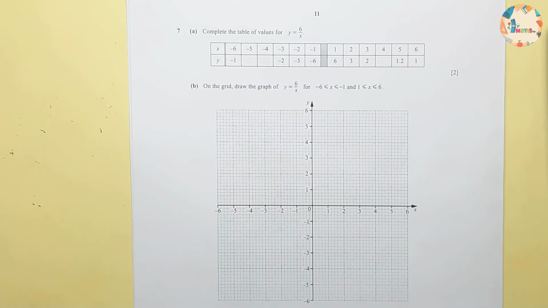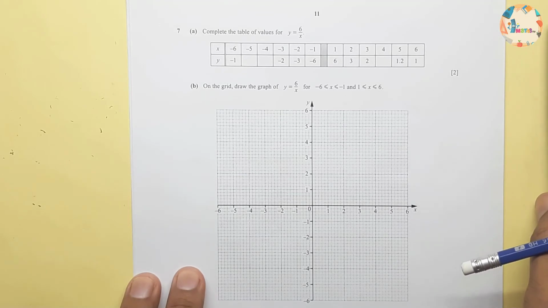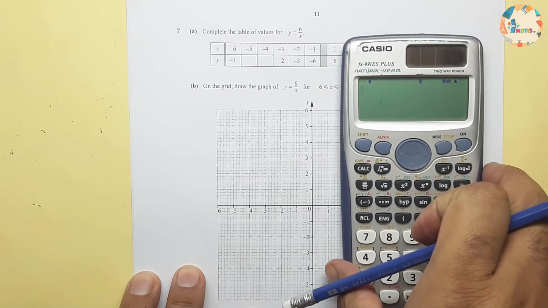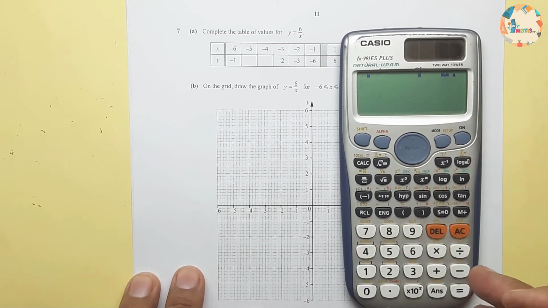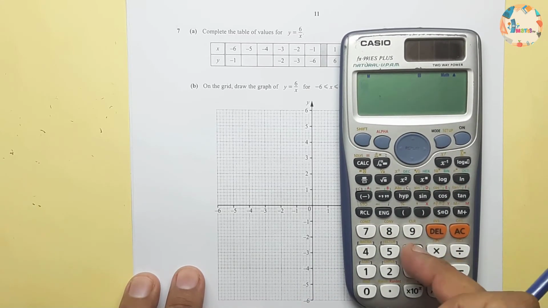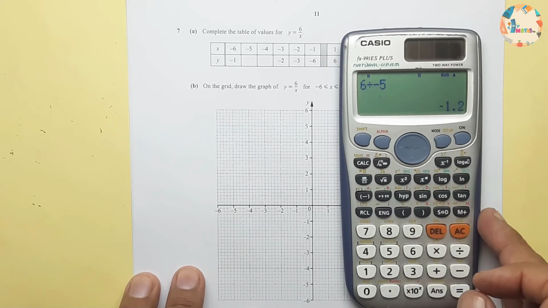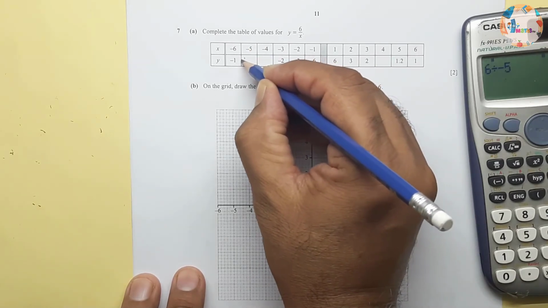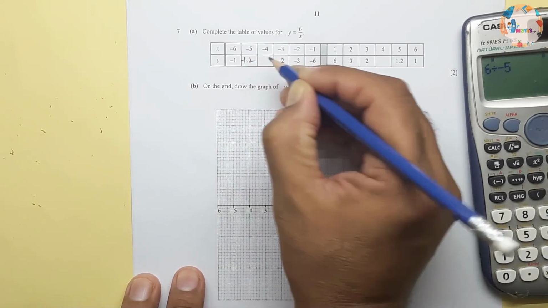Next comes question number 7. A table of values is provided. Complete the table of values. This one, y is equal to 6 over x. So 6 divided by minus 5 will be equal to minus 1.2. So we can write here minus 1.2.